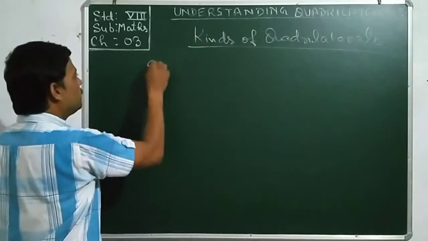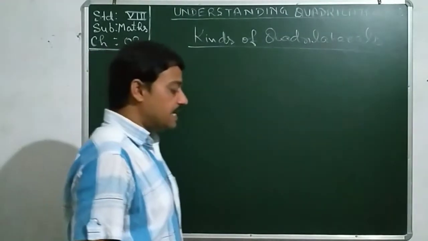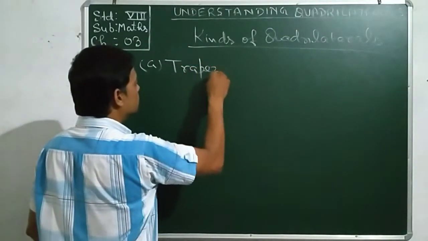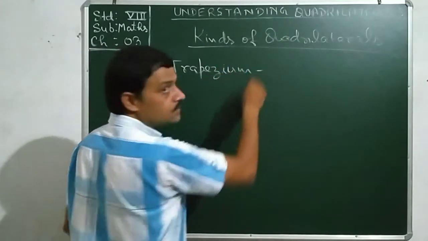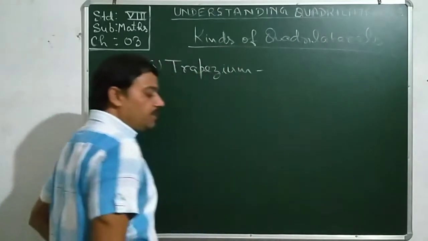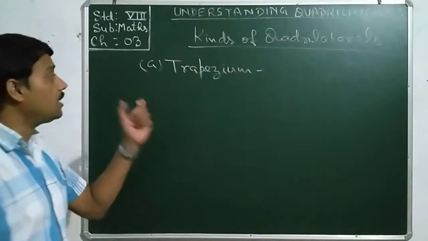Let us take the first one as trapezium. Trapezium is a quadrilateral with a pair of parallel sides.